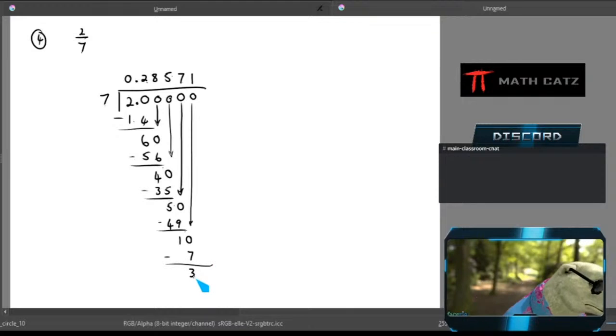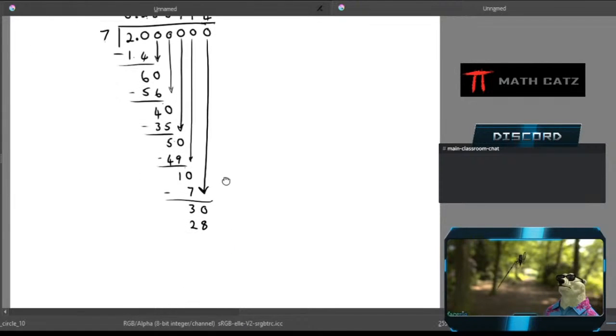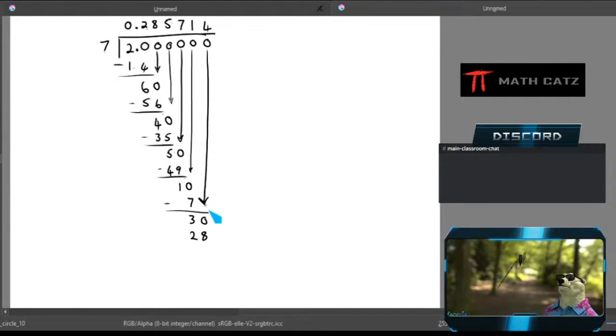For 3, 3 hasn't happened yet either. Bring down another 0. 7 goes into 30 4 times for 28. I'm running out of space here. 28 has left 2.